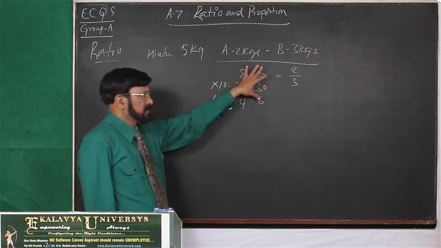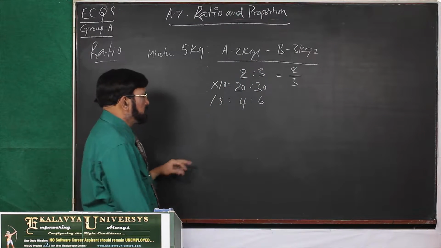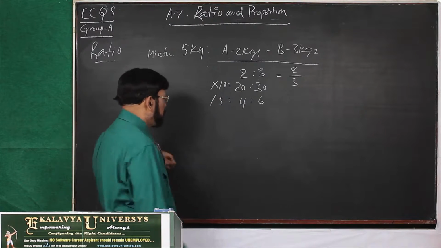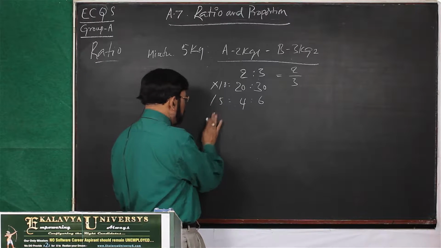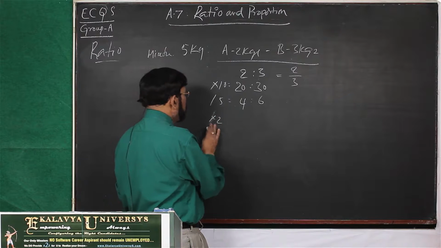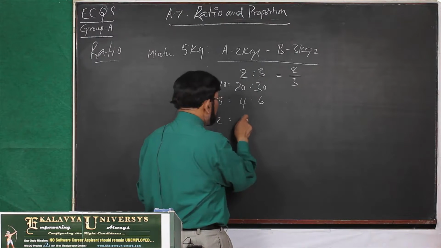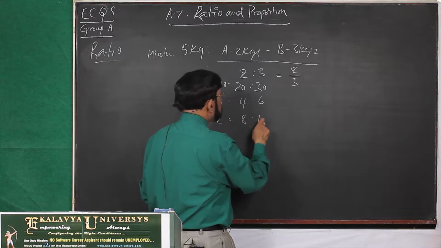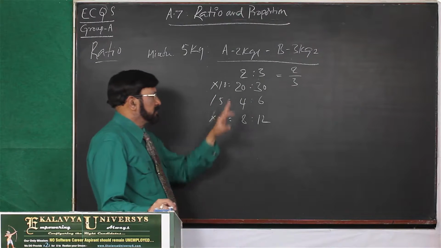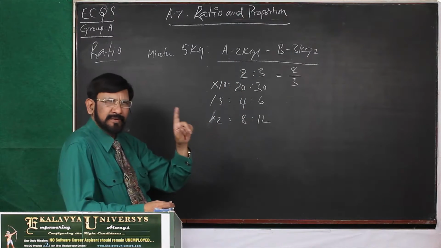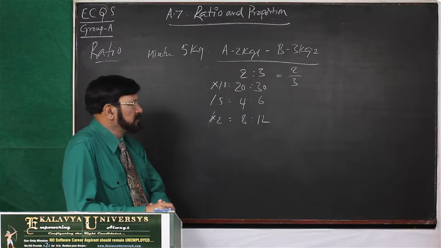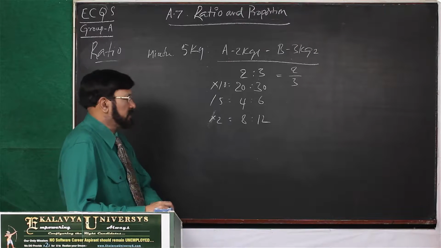Then these 3 represent the same value. Now I am multiplying it by 2. Then it is 8:12. Again, these 4 are representing the same ratio. You must always remember that.